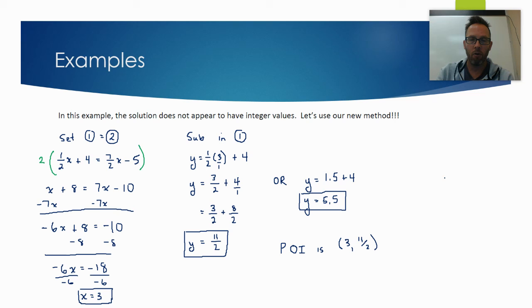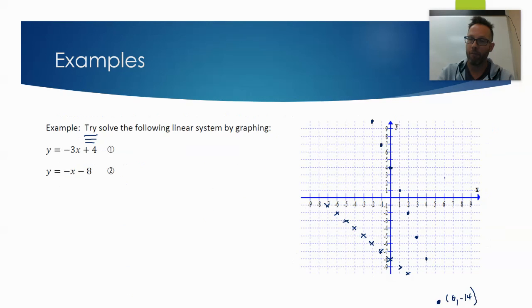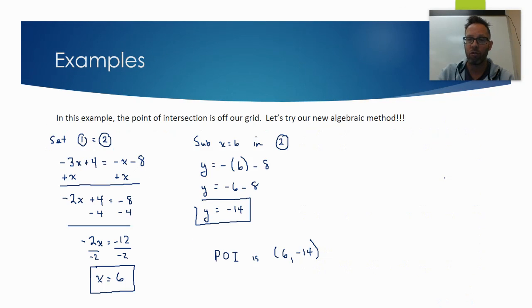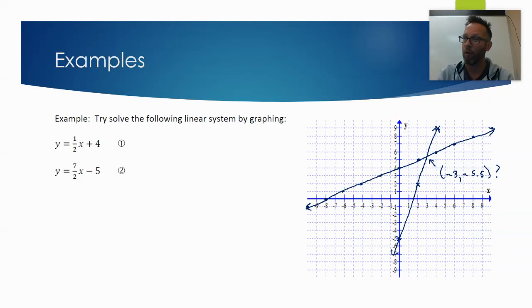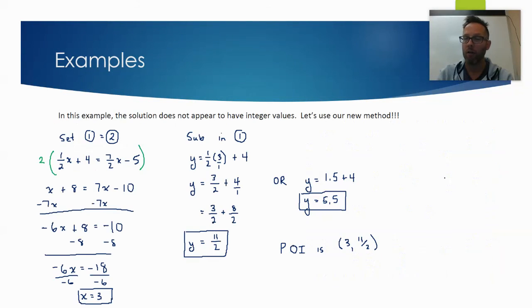All right, so we have several examples in the books solving a linear system where the point of intersection was off the page, or where it was a decimal or fraction value. So we've got lots of experience now, and you guys just have to practice and just kind of master the skill.